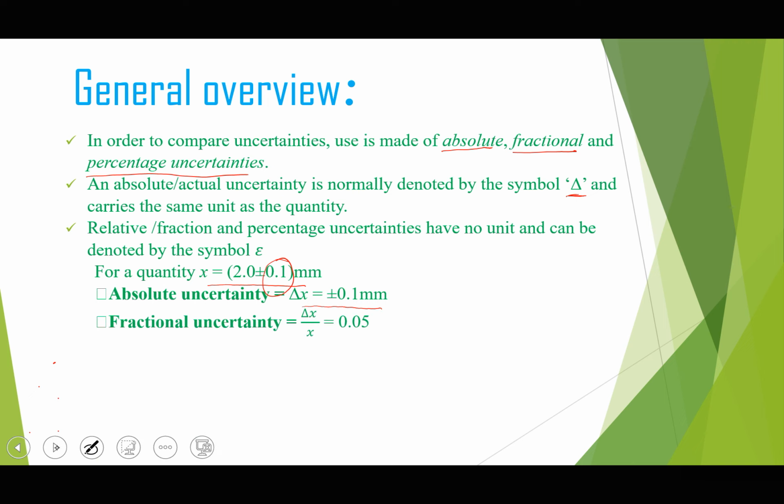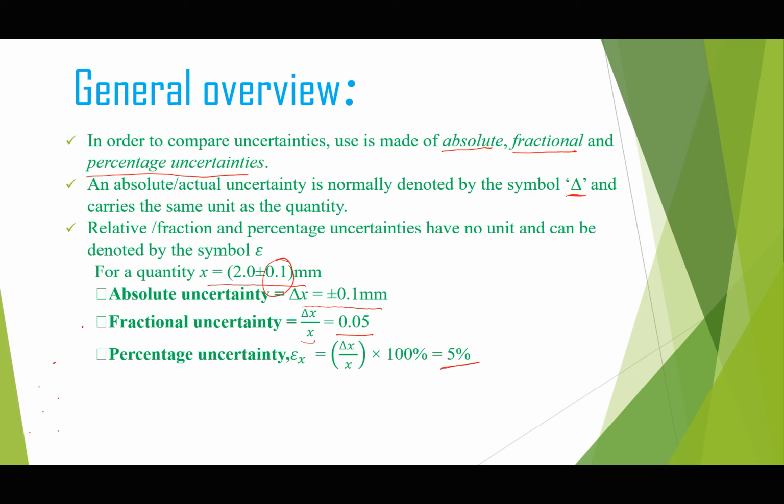Number two, if I want the fractional uncertainty, I express the absolute as a fraction of the true value. Therefore, I will divide the absolute uncertainty plus or minus 0.1 millimeters by 2. And when I divide, this will be the fractional uncertainty. And number three, if I want the percentage uncertainty, then it is equivalent to multiplying the fractional uncertainty by 100 so that you express it as a percentage.